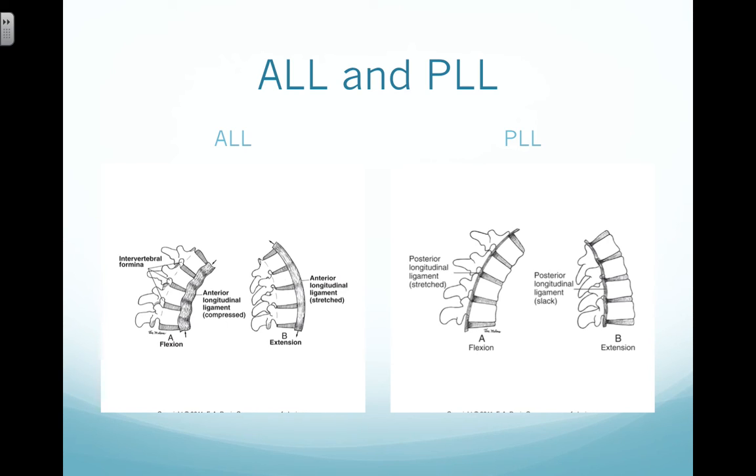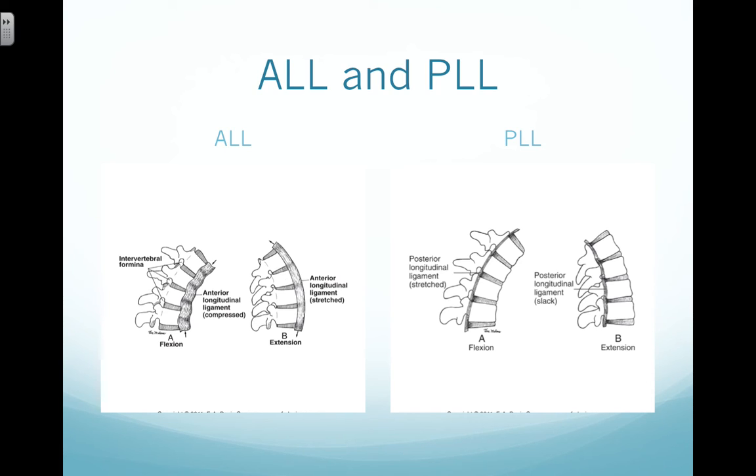The PLL is much thinner than the ALL. ALL is very thick, provides a lot of stability, although in the thoracic spine it's a little bit different, right? So the PLL is a much thinner ligament. It spans just like the ALL, has superficial and deep layers.